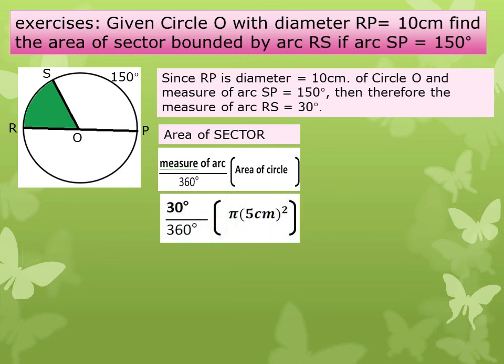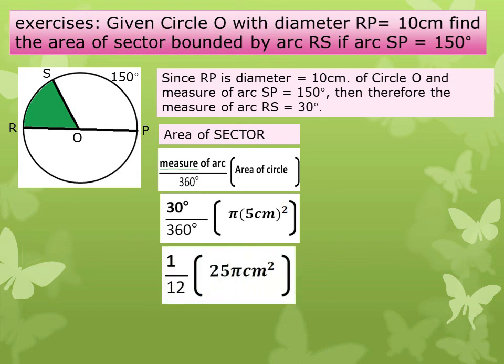Okay. We have 30 over 360 times the area of circle, which is pi r squared, where r is 5. So simplify. So 30 over 360 is 1 over 12 times 5 squared is 25 pi centimeters squared.